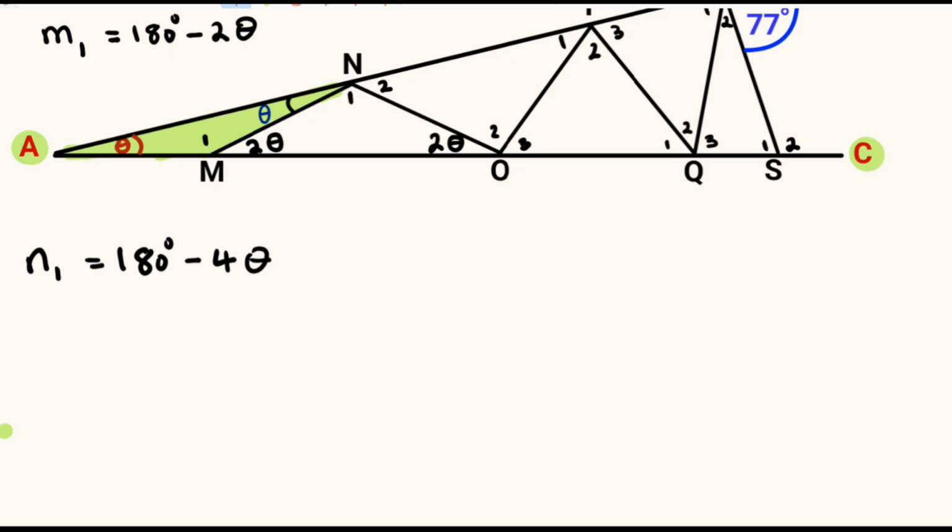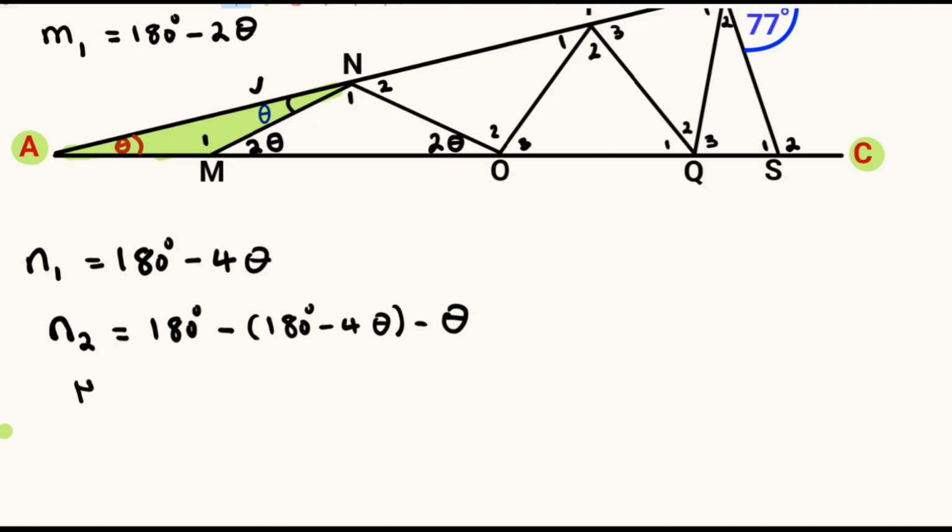To determine the size of angle N2 in terms of theta, we use the fact that the angles on a straight line add up to 180 degrees. So our N2 will be equal to 180 degrees minus N1, which is equal to 180 degrees minus 180 degrees minus 4 theta, minus the original theta that we are given.